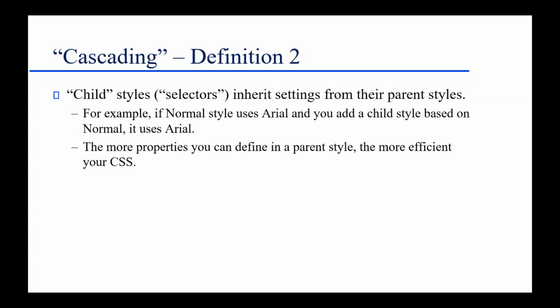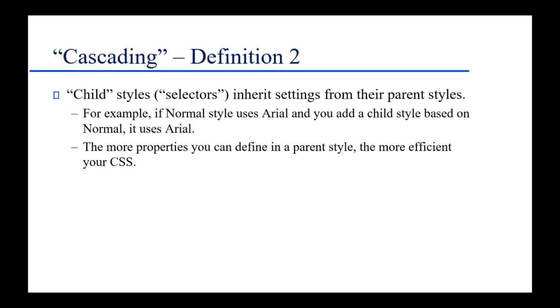So as I say, if you have a normal style that's set to Arial, and you create a child style based on the normal style, it's going to use Arial by default, which is good, because it means it's saving you from having to specify Arial for that child style unless you want a different font.